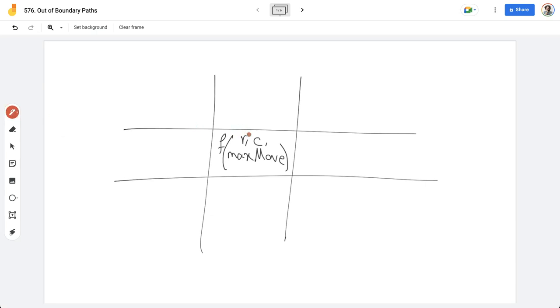For the first move, we can go up. If we go up, it's going to be f of R minus 1, C, and since we made a move, max move minus 1. Or we go right: f of R, C plus 1, and max move minus 1. You see what's happening?